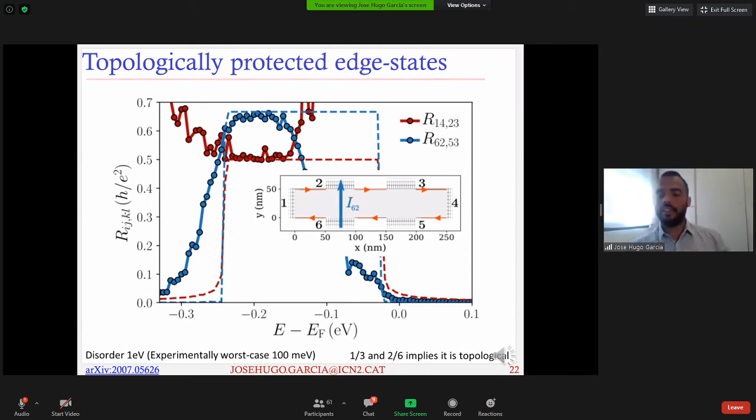And we see that the effect survives even this strong disorder. If we reduce the disorder, the plateau becomes larger and wider. So this is another indication that these are topologically protected states.